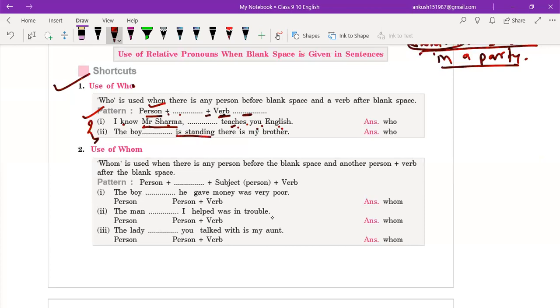The boy who is standing there is my brother. Who is standing means who is used after boy, a noun, but it is used before the verb as well. What is the verb? Is standing. Did you get it? So this pattern is to be understood. Person plus relative pronoun, verb plus relative pronoun. Did you get it? Is there any confusion?